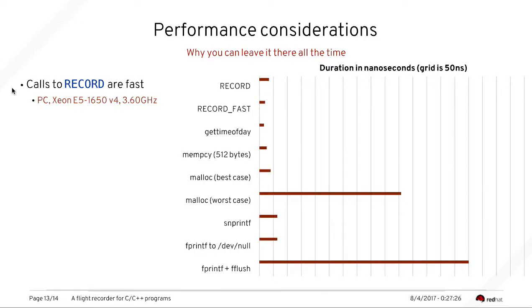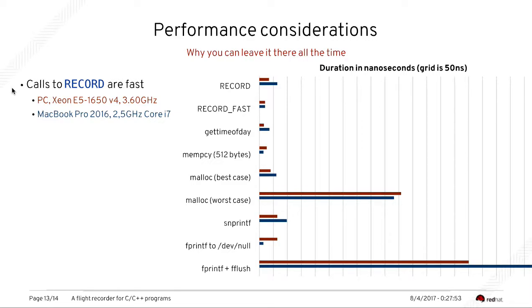And as you can see, record compares favorably to most of them. As a matter of fact, there are two variants of record and record fast, because the get time of day used to timestamp the record is taking most of the time. So you see that basically recording something is on the same order of magnitude as copying 512 bytes in memory.